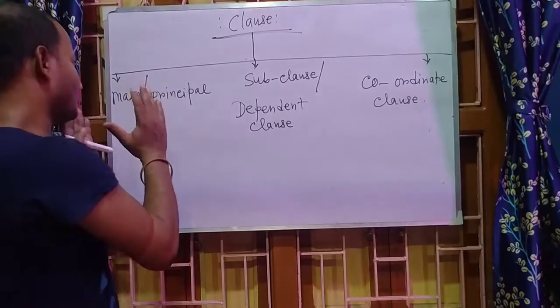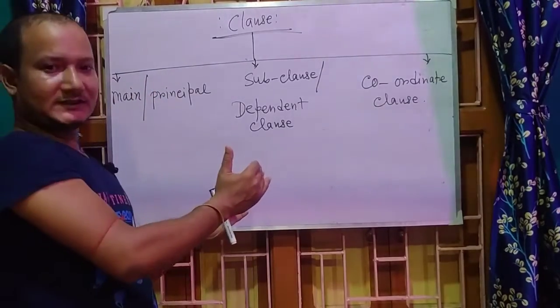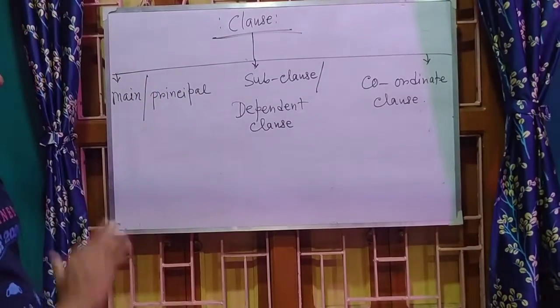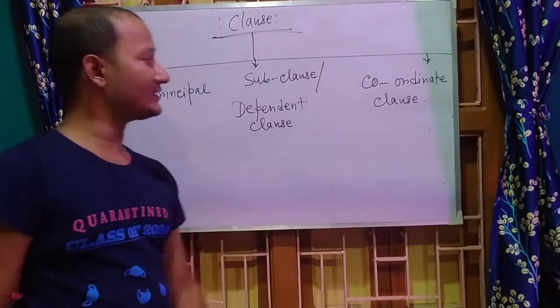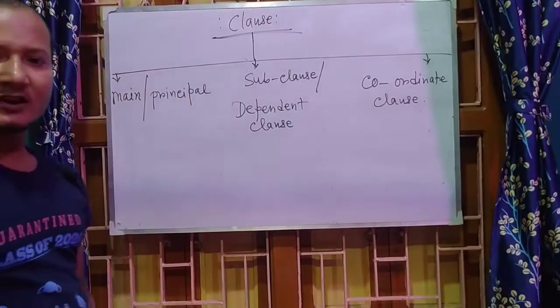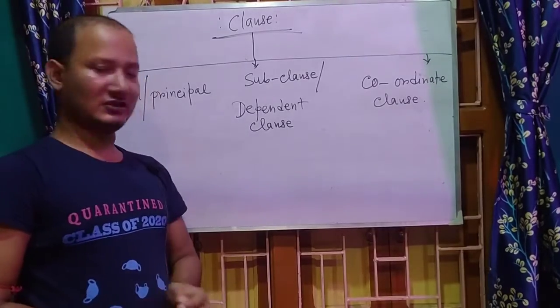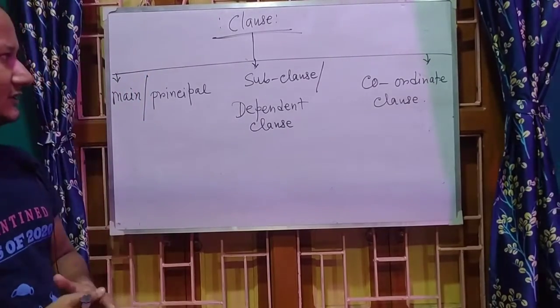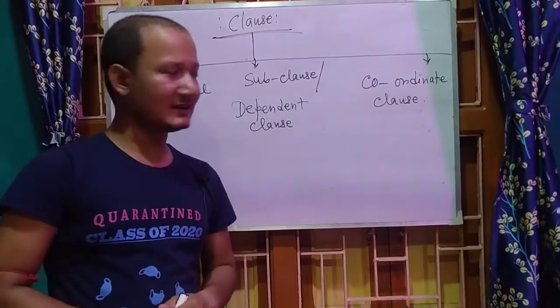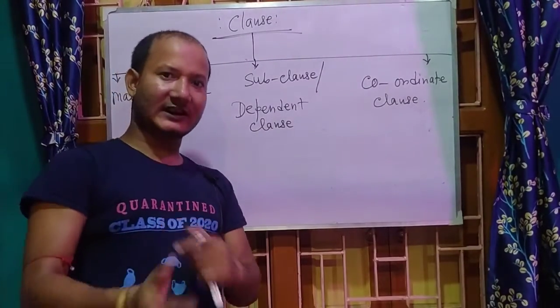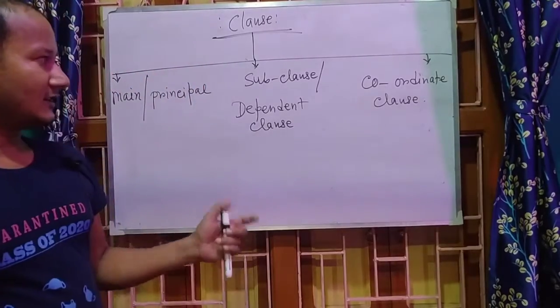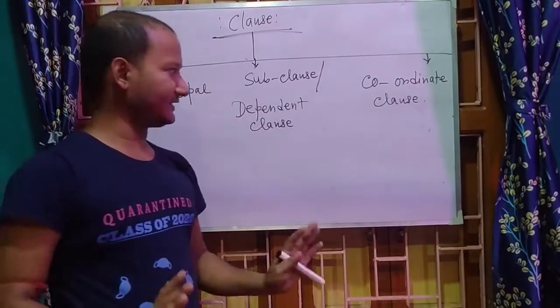So main clause and sub clause I have already explained, and now I am going to make you understand what the coordinate clause is. I hope you have heard the word cooperation. Whenever somebody or some people are cooperating with others, the action is called cooperation.